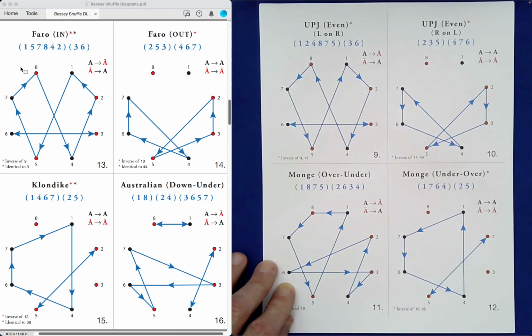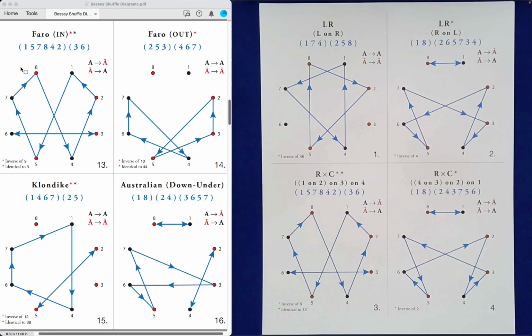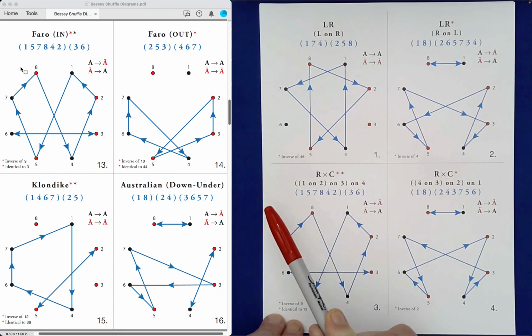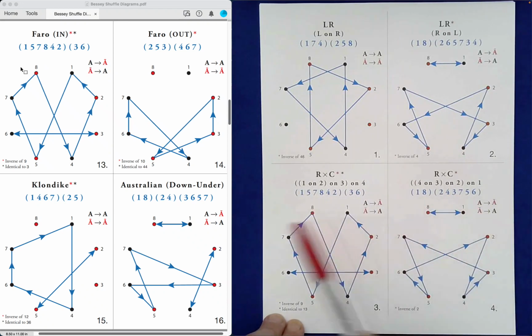Now that's not the only shuffle to which the Pharaoh in is related. The Pharaoh in shuffle is actually identical to the RC shuffle, in which we deal out the cards into 4 piles, 1, 2, 3, 4, 1, 2, 3, 4.